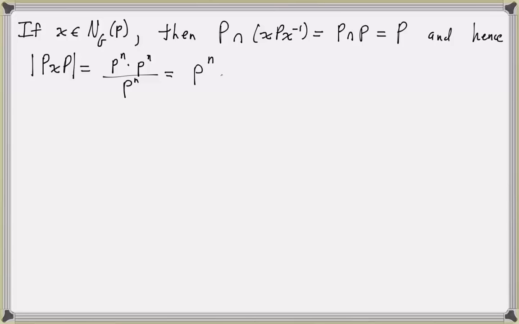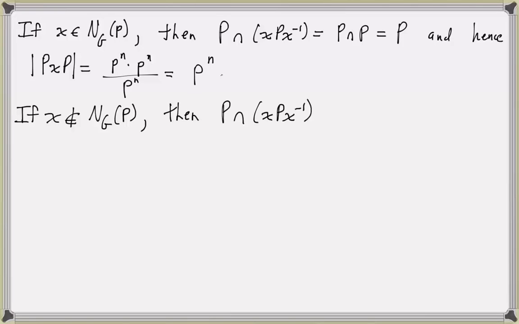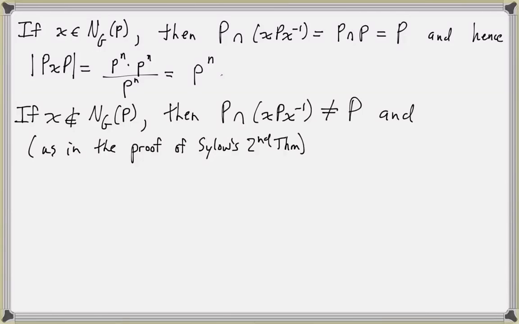Now the other possibility is if x is not in the normalizer of P. So if x is not in the normalizer of P, and P intersect xPx inverse does not equal P. And just as in the proof of Sylow's second theorem, we can conclude that p to the n plus 1 must divide the order of the double coset PxP.